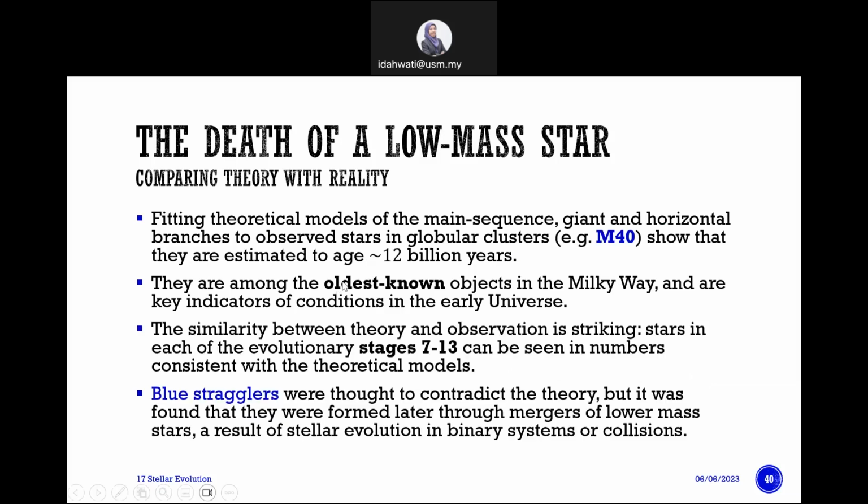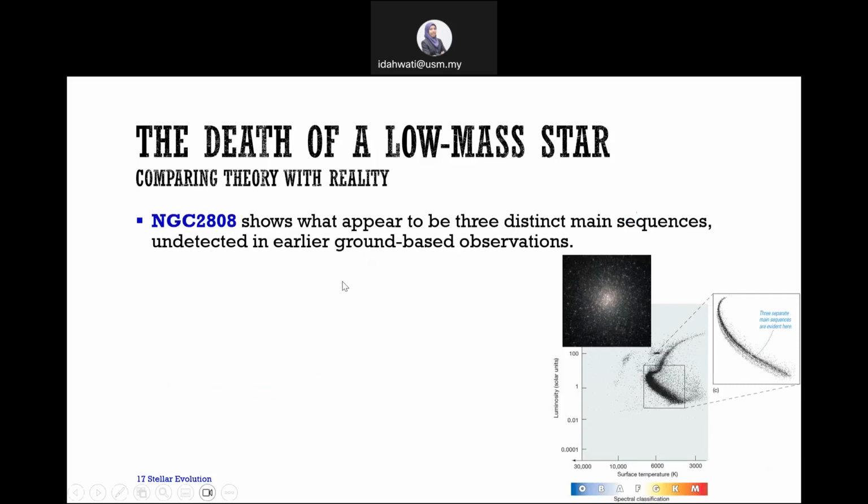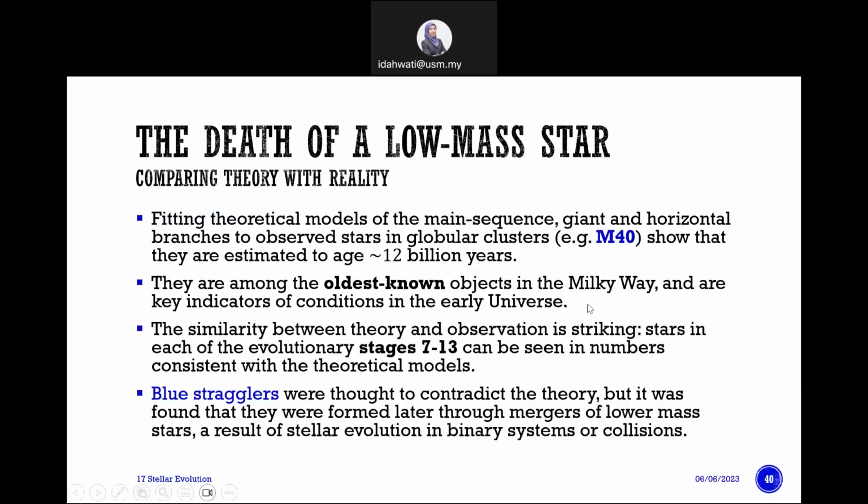These are among the other known objects in the Milky Way, and are key indicators of conditions and the similarity between theory and observation.